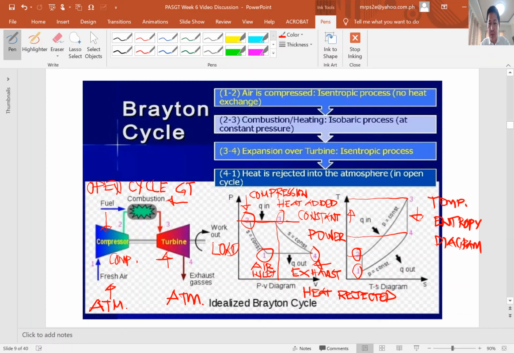In a closed cycle, we have here the combustion chamber.